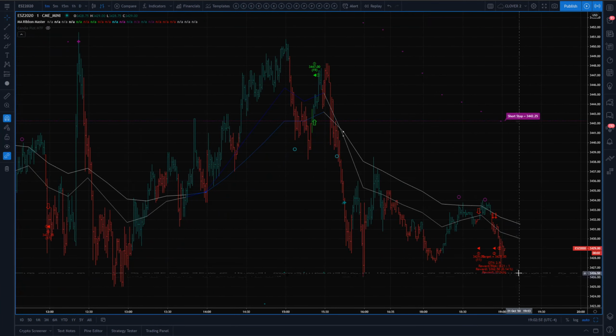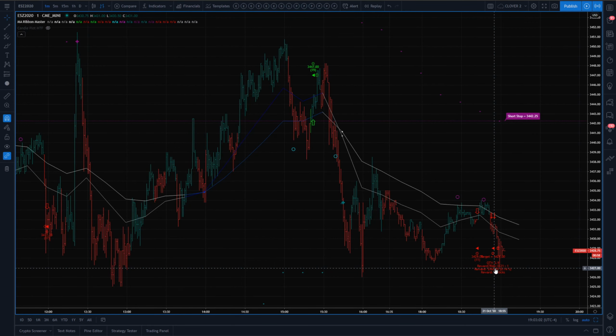So it's using whatever the point value is, whatever a 1-point movement is for the contract that you're looking at, to give you that leverage.